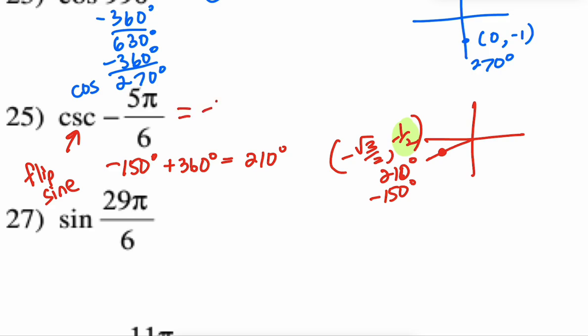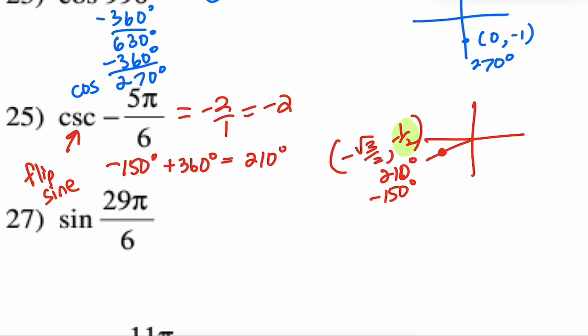So that's negative 2 over 1, or negative 2, is our answer. The cosecant of negative 150, or negative 5 pi over 6, is negative 2. Do we have any questions about 25? Okay.